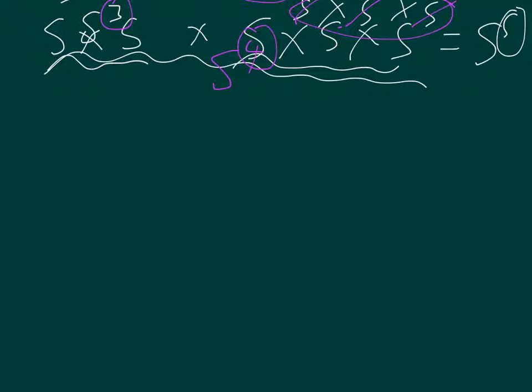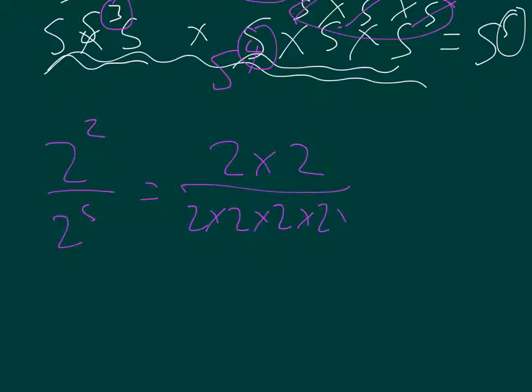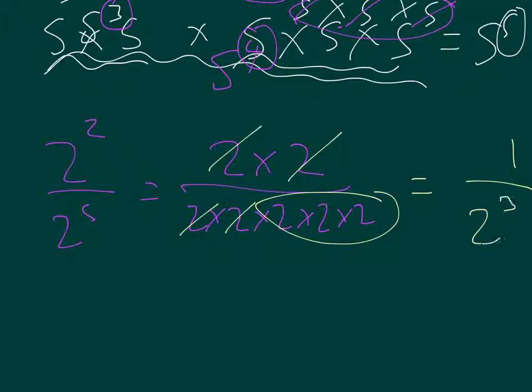But what if there's more on the bottom than on the top? What if we've got something like 2 to the power 2 divided by 2 to the power 5? Well, that's 2 times 2 divided by 2 times 2 times 2 times 2 times 2. We get a bit of cancelling here, that cancels with that, that cancels with that, and this time we've got 3 left on the bottom rather than on the top. So that must equal 1 over 2 cubed, which we knew anyway.